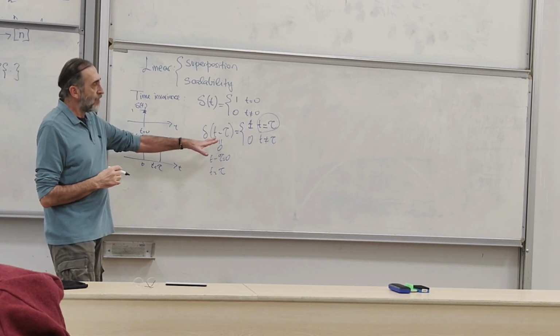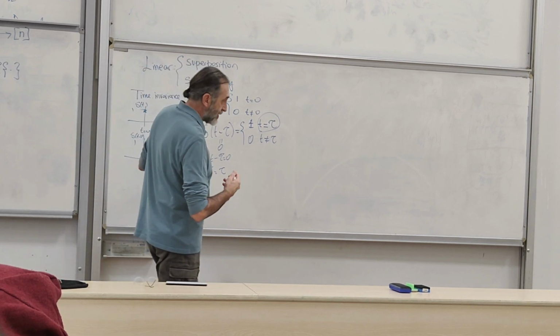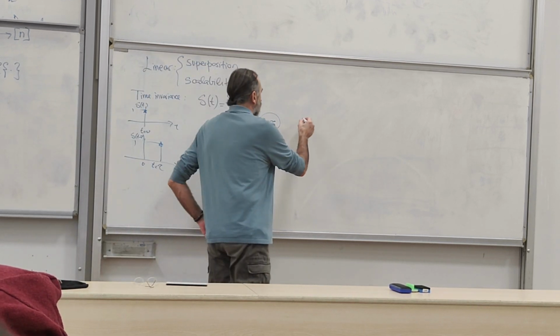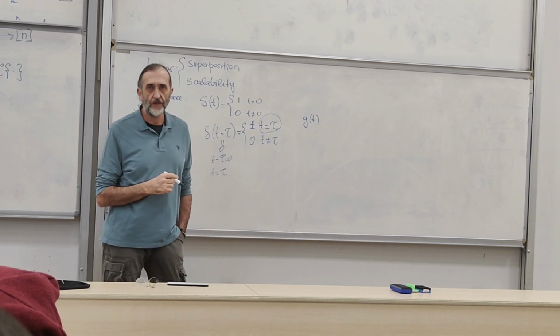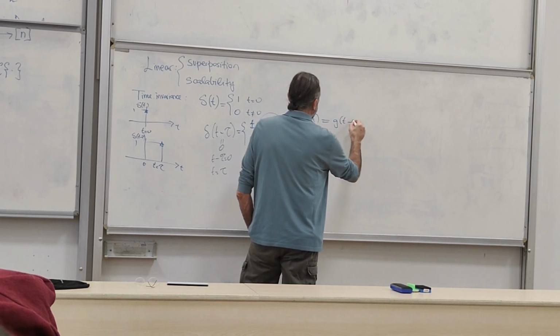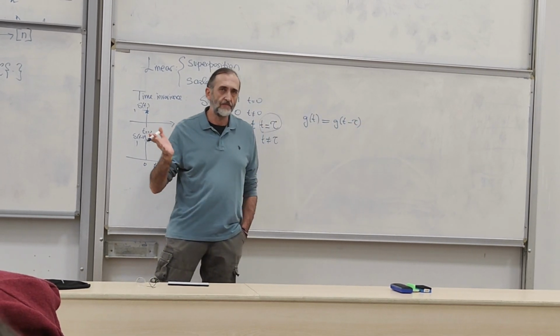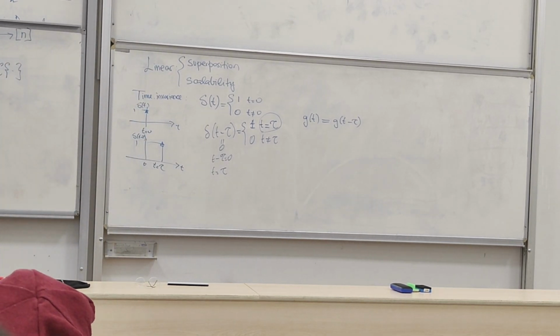So, if we apply this to a system, to G for example, then if I have G of t at a certain time, that G of t is going to be equal to G of t minus tau at a later time. No matter how late that time is, the system is not going to change.